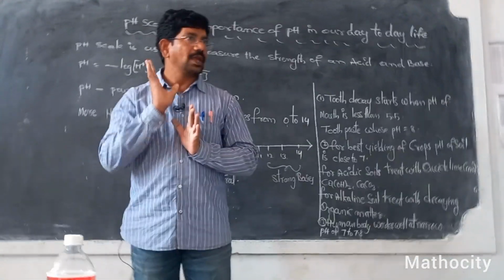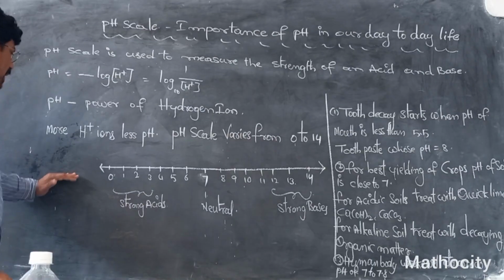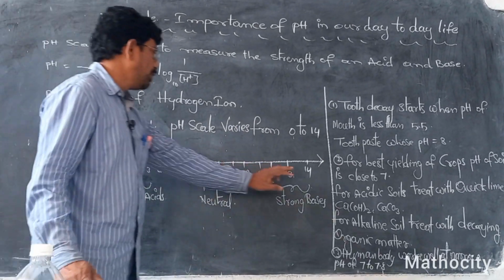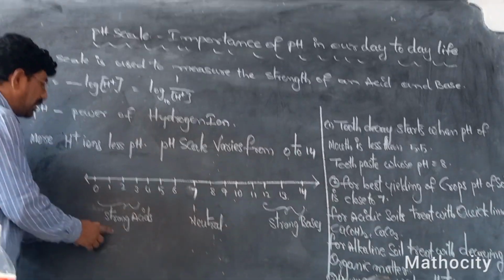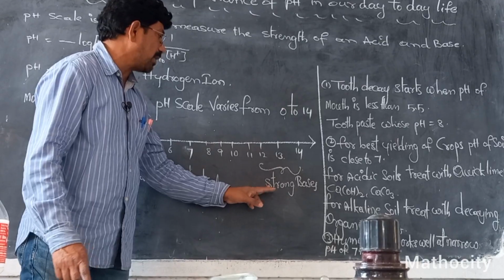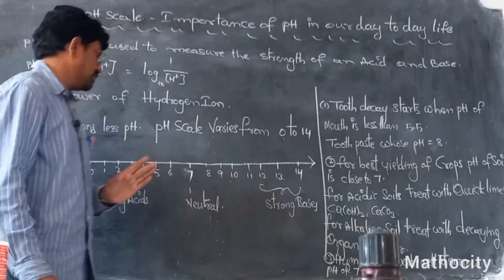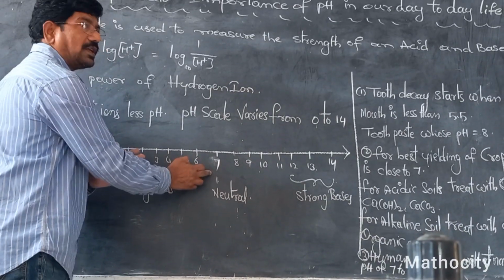Now, the pH varies between 0 and 14. If the pH is 0 to 3, they are considered strong acids. If the pH is between 12 and 14, they are considered strong bases. If the pH is exactly 7, it is neutral.